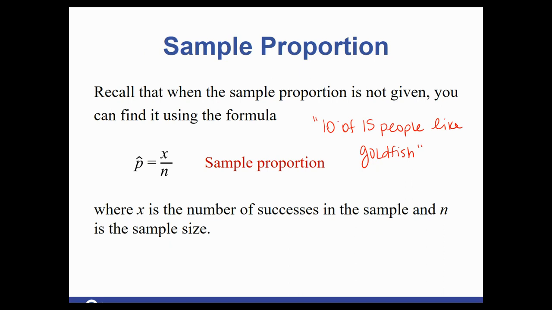So in a situation like that, 10 would have been your X, 15 is your N. So if you have to find your P hat, you are taking that as a proportion, 10 over 15, and then turning that into a decimal value. That's going to be your P hat value. So if you don't get it from the beginning as a percent, you'll be given the things in order to turn it into your P hat.